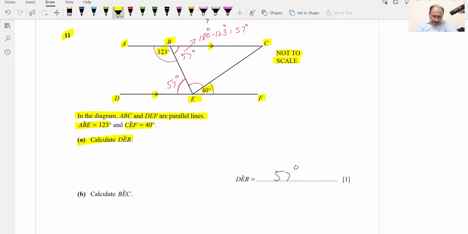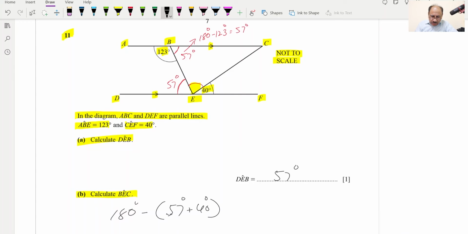Next B part is calculate BEC, and BEC is this angle which we need to find. For this angle, these three angles should add up to 180 degrees, because DEF is a straight line. So we can write this as 180 minus 57 plus 40.